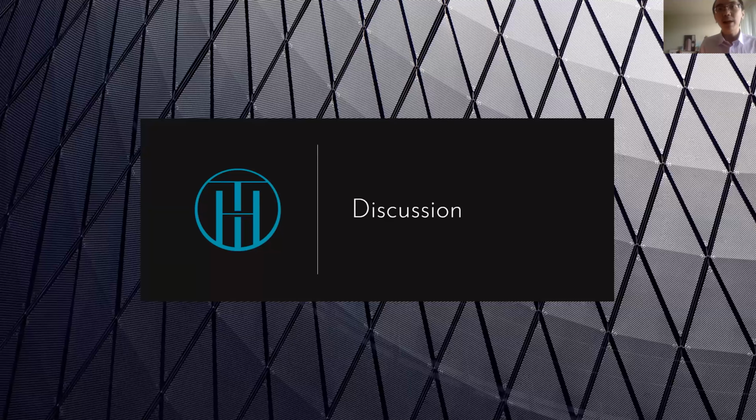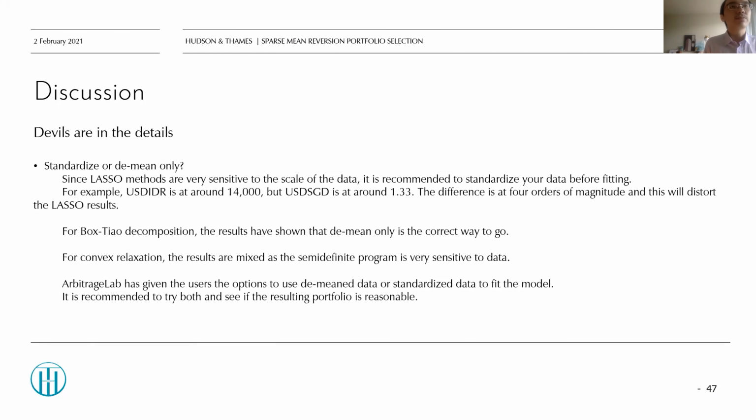So first thing, do we need to standardize the data or only demean the data? Do we only need to center the data, or do we also need to divide by the standard deviation of each asset?